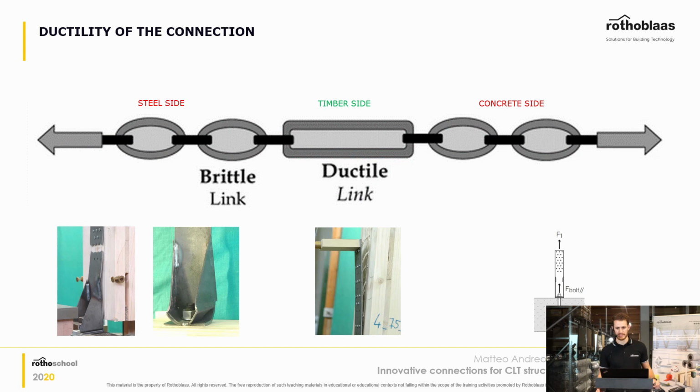So as we were saying before, the ductility of the connection is very important, because as you all know, timber is a very strong material. It's very lightweight, and the resistance is very high. The only issue that we have with timber structures is that timber is a fragile material.